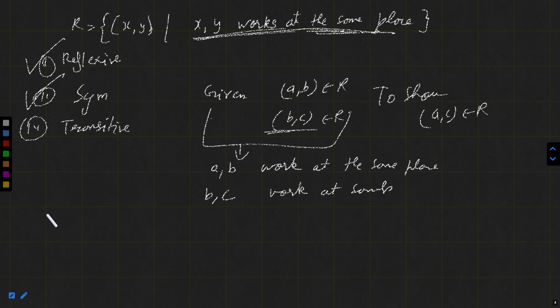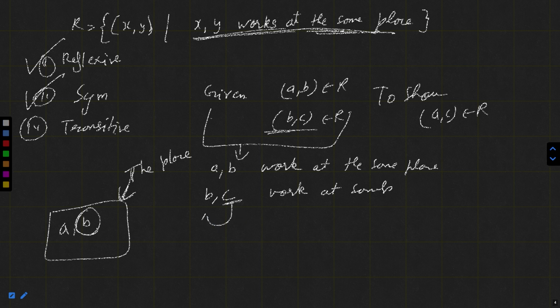If this is the place, a and b are working here. If b is working here, then c is working wherever b is working. So c must be somewhere here, and from this visual representation I can see that a and c are also working in the same workplace.